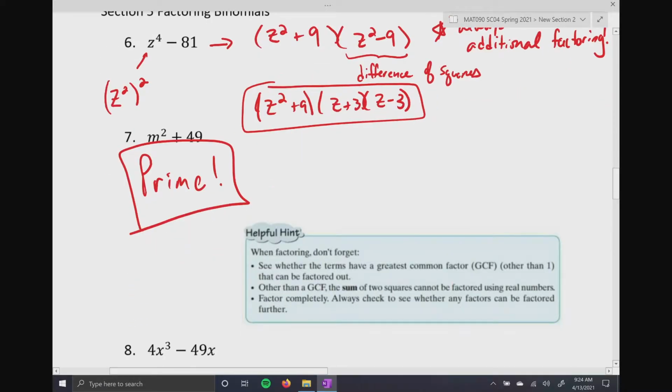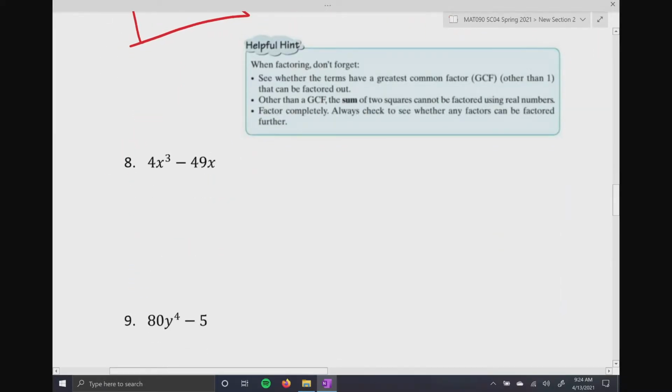All right. So let's look at number 8. Now, number 8, we start adding on to this, okay? So remember your flow chart. Step 1, factor out a GCF if it exists. I look here, I look here. I cannot factor out a coefficient, but I can definitely factor out an x.